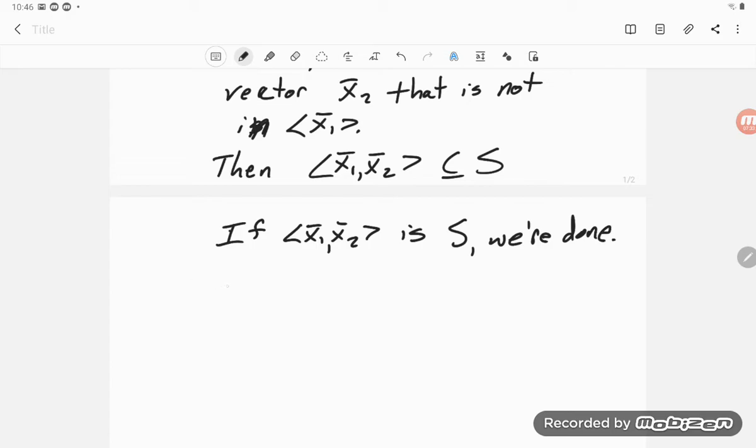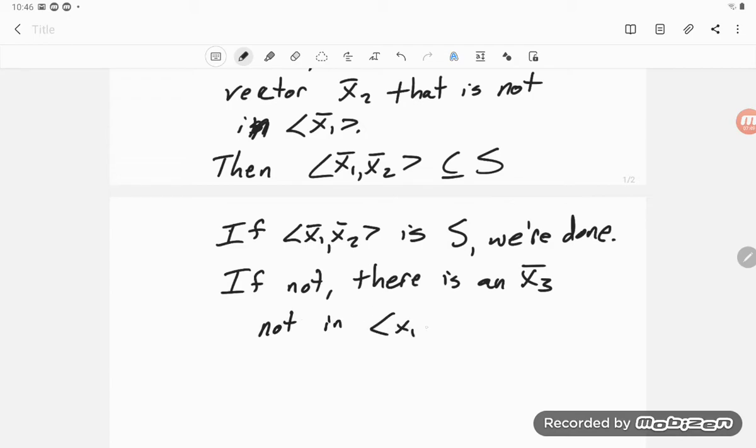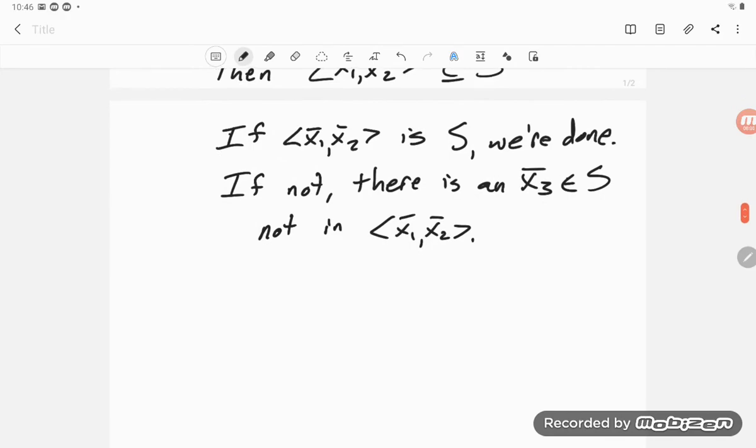If not, there is an x3 not in the span of x1, x2, in other words, it's not a linear combination of those two. But there's an x3 in S that's not in those.